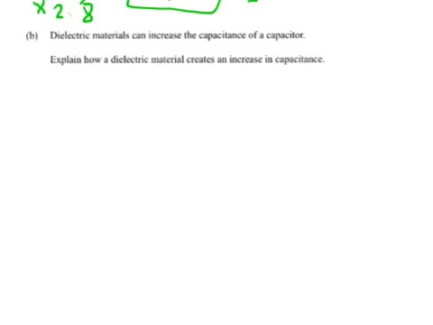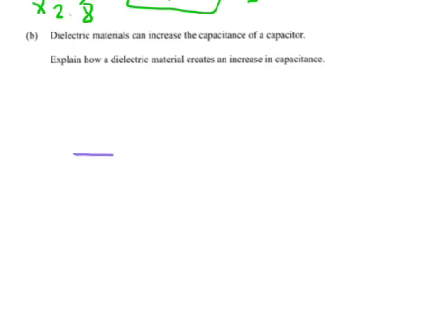B. We are now asked to explain how a dielectric material creates an increase in capacitance. So this is a little bit of a tricky one, and it relies on your understanding of the dielectric material and charging by induction.